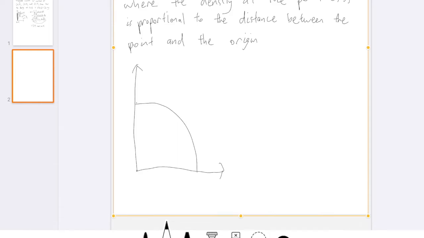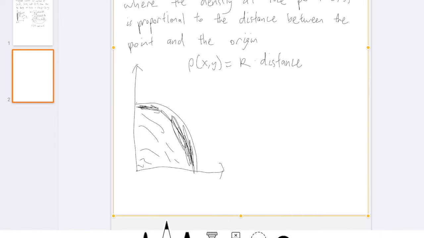This just means that really close to the origin, you're going to have very low density, and then as you get further away, it's going to be much more dense. And we can represent this proportionality basically with k, some constant that represents how it's proportional, the proportionality constant. And it's just going to be k times distance.